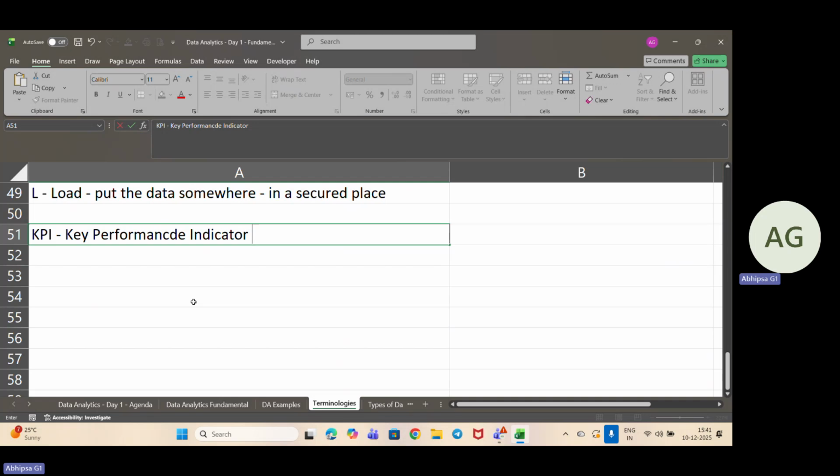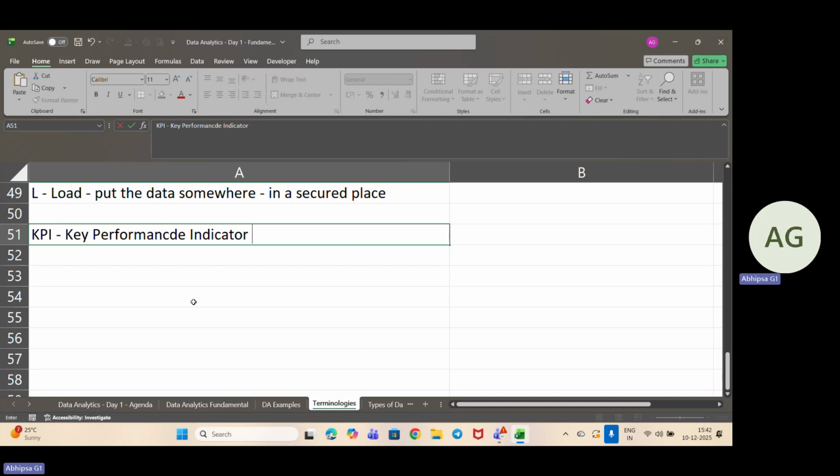So what exactly is this KPI? They are actually the important numbers used to judge something. Like what is the number of sales that we are getting. By the number of sales, we can judge if my sales are going good over the months or not, right?